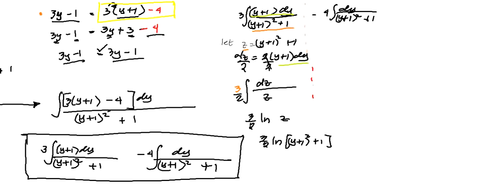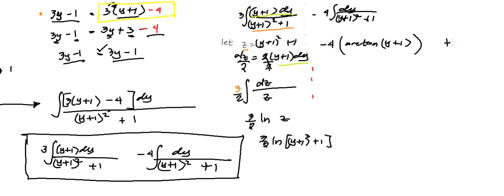Then on the other side we have the negative 4, and then we use the integral leading to an inverse trigonometric function, which is equal to arctangent of u, where u is y plus 1, all over the constant, which is 1, and then that's it.